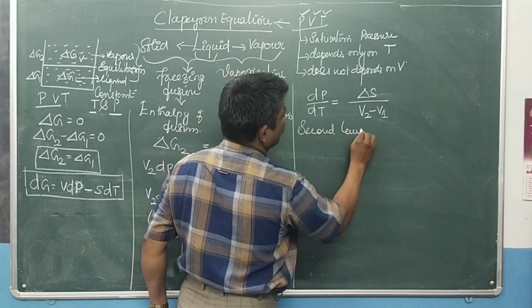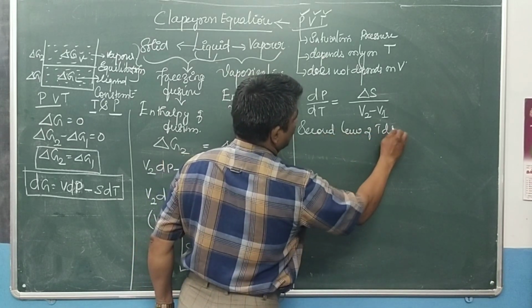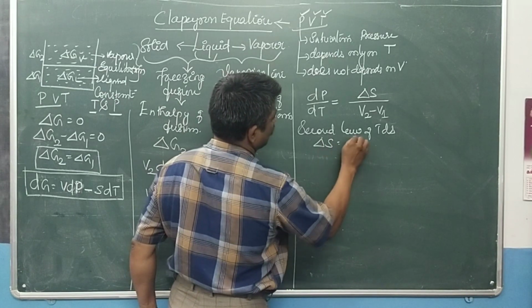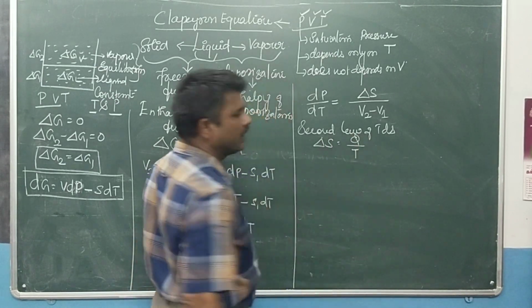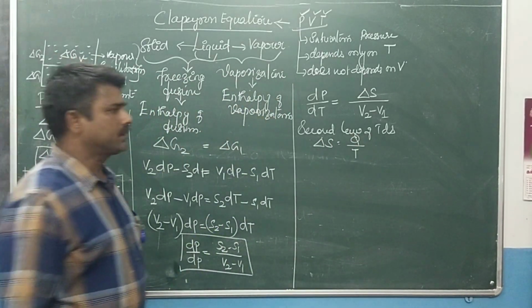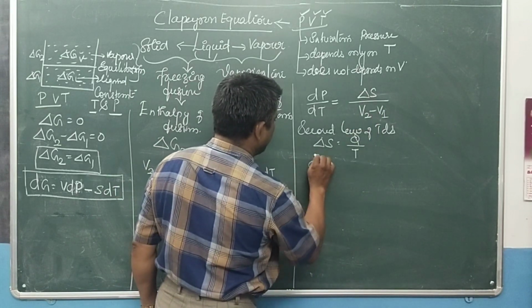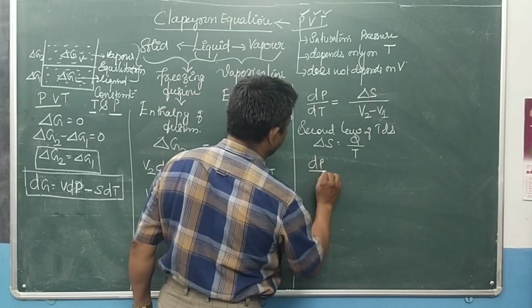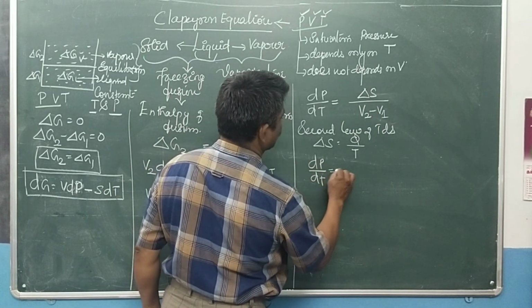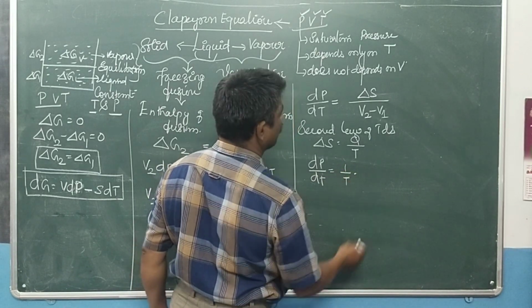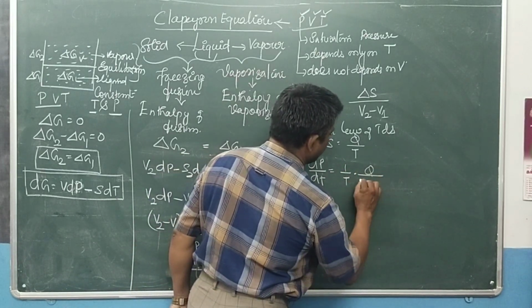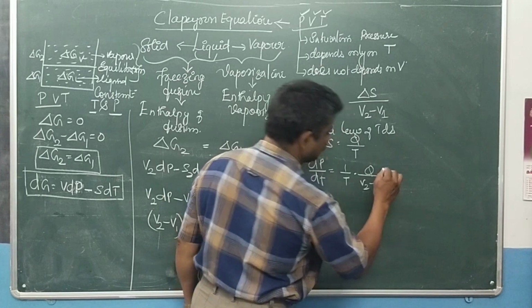The second law of thermodynamics says that del S is equal to Q by T for a reversible process. Hence, I am going to write dP divided by dT is equal to 1 by T into Q divided by (V2 minus V1).